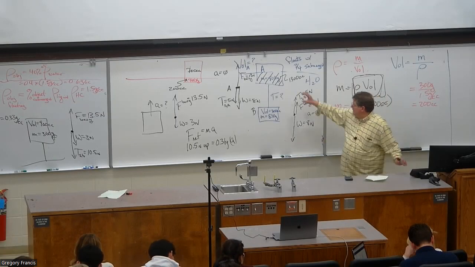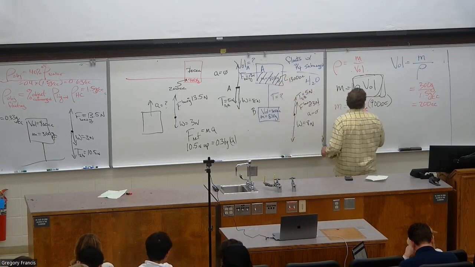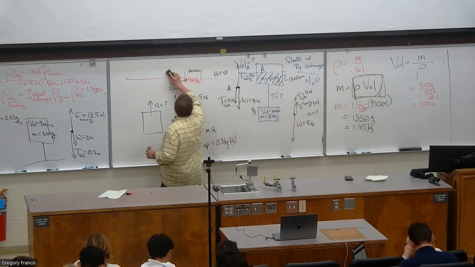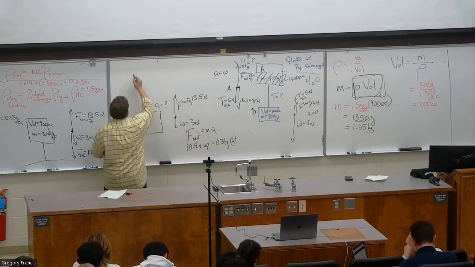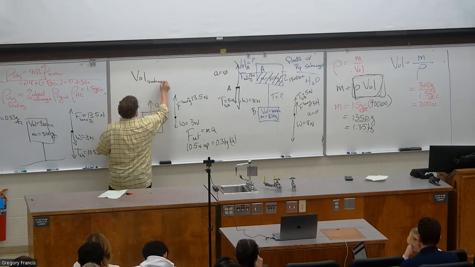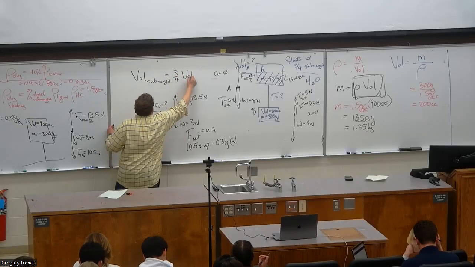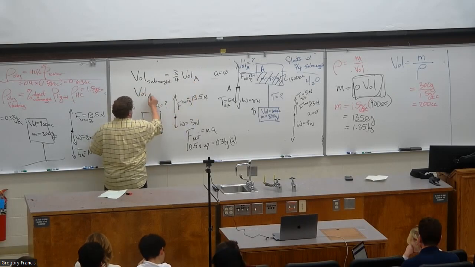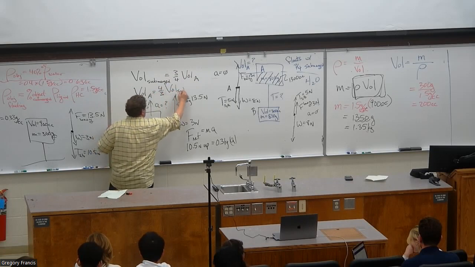Now, if the submerged part is 1,300 cc's, and the volume submerged is 3/4 the volume of A, then the volume of A is going to be 4/3 times the volume submerged.